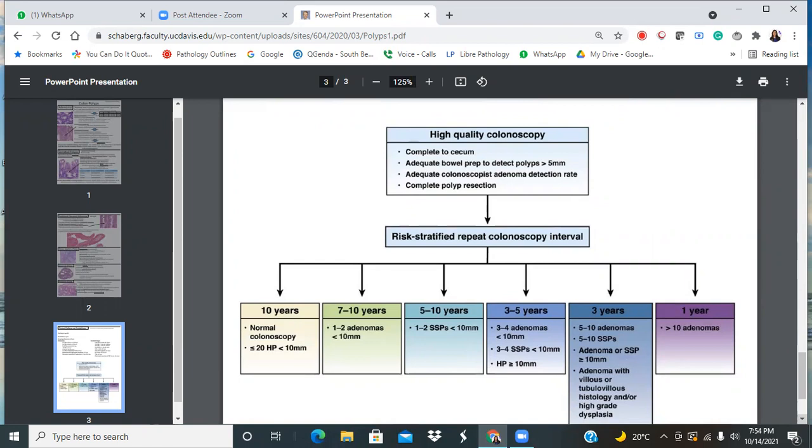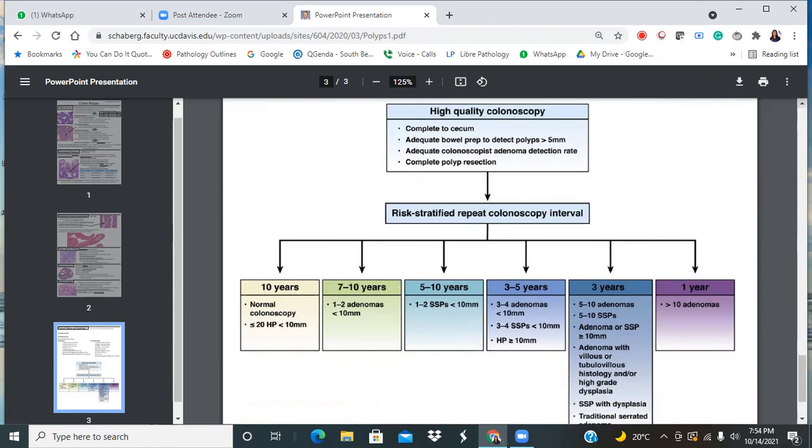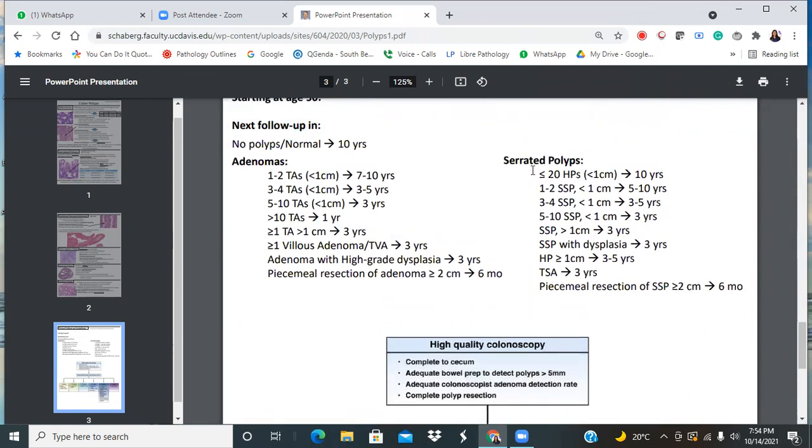Right. Anything that anyone wants to take from this: in my residency, all the attendings taught me that if there are multiple polyps, then write multiple polyps.